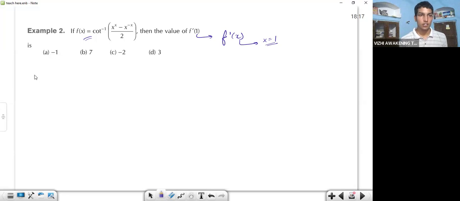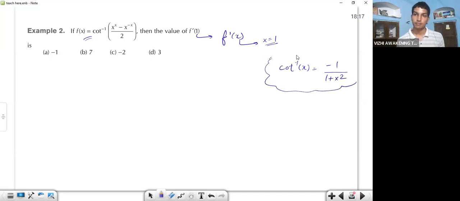So let's first differentiate this particular function. As we know, the differentiation of cot inverse of x is minus 1 upon 1 plus x square. Here we will apply the same, as there is another function in the input of the cot inverse function. We have to further differentiate it.